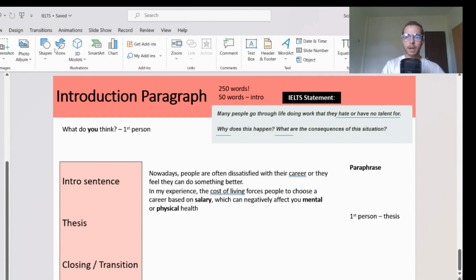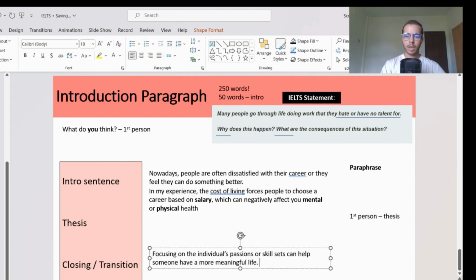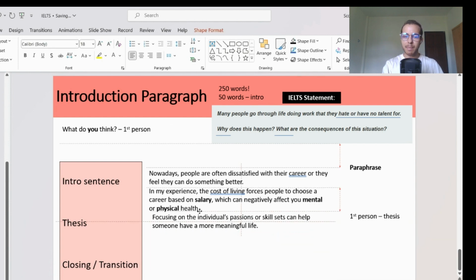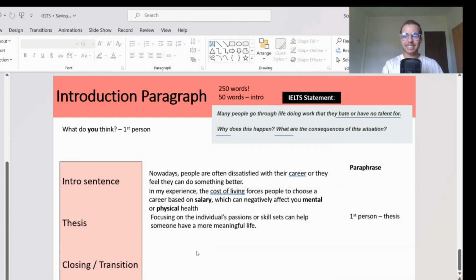Because my body paragraph will be talking about the mental and physical health, my smooth transition will say, focusing on the individual's passion or skill set can help someone have a more meaningful life. That's a very smooth transition, and it'll help me talk about the mental and physical health in the next paragraph. Okay, this is a large introduction paragraph. I could have not included the closing transition, but it's okay.